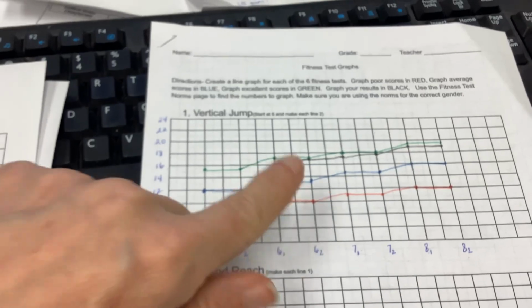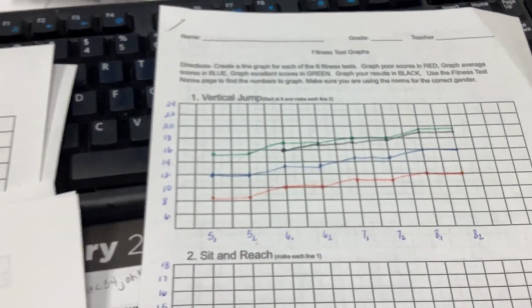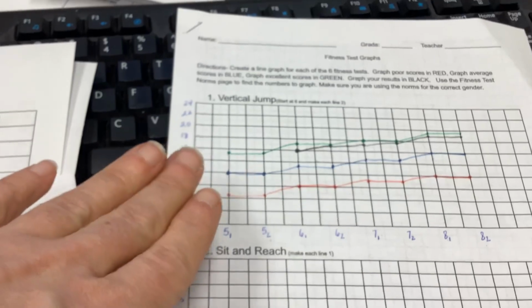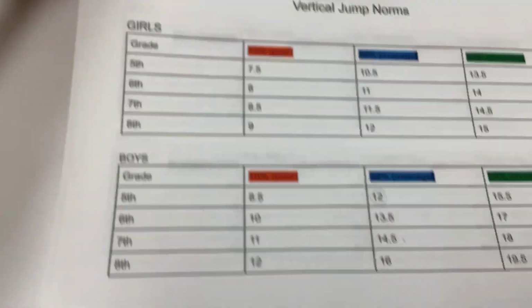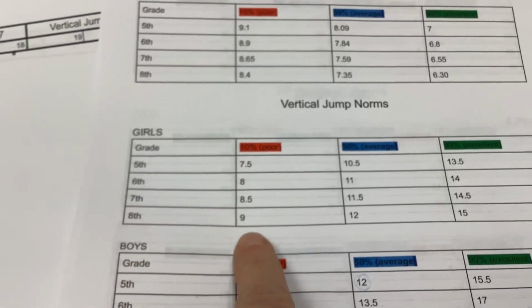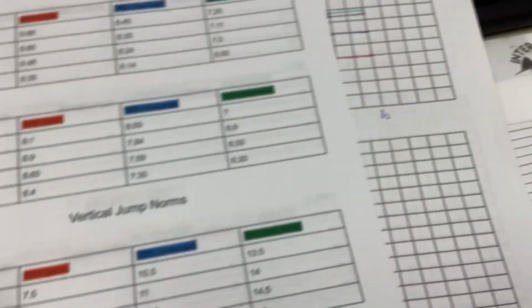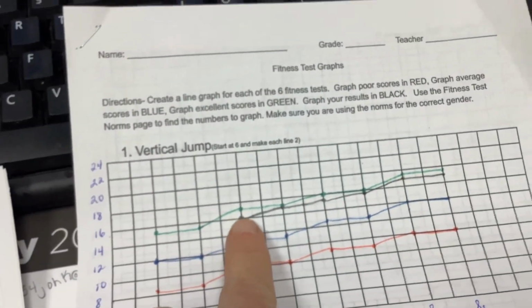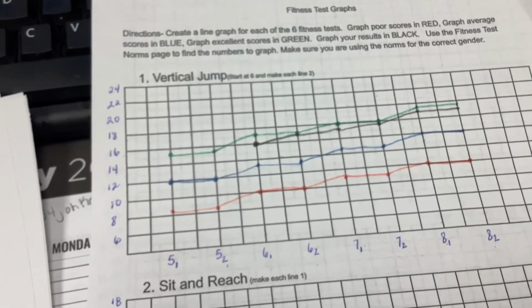The only line that's different are your scores. Girls are the same way. Your red, blue, and green line are going to be exactly the same because you're graphing the same numbers. Everyone's graphing these numbers. The only line that will be different is your black line, which is showing what your personal scores are, which you have on your email.